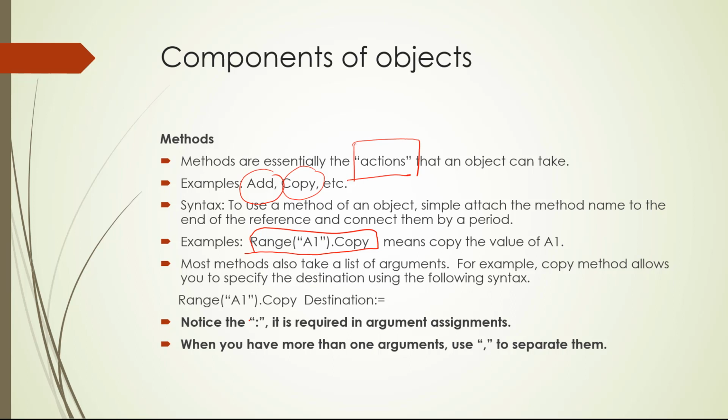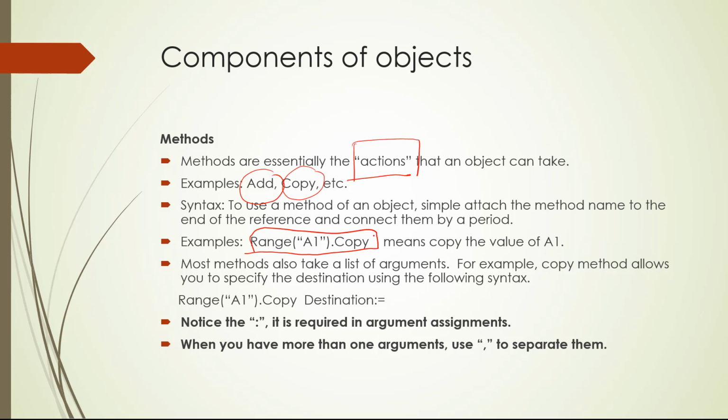At this point, you'd probably be wondering, if you generate a copy of A1, where do we copy that to? Normally, when we deal with methods, we cannot just stop at dot and the method. We have to provide some further information so that VBA understands exactly what we want to do with this particular method.